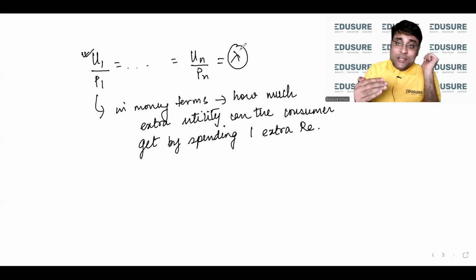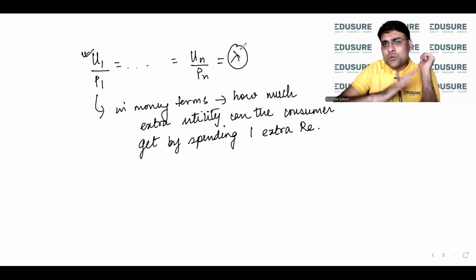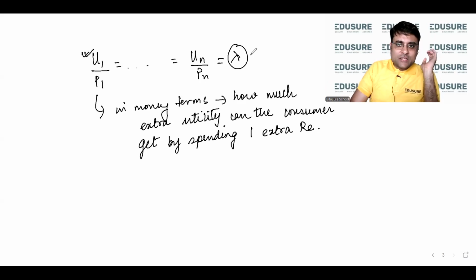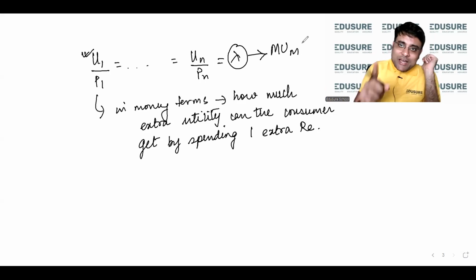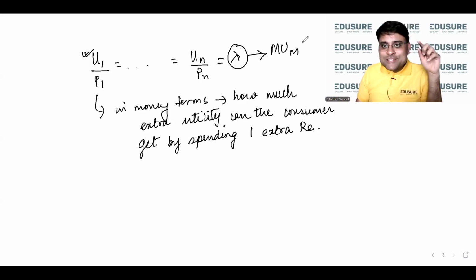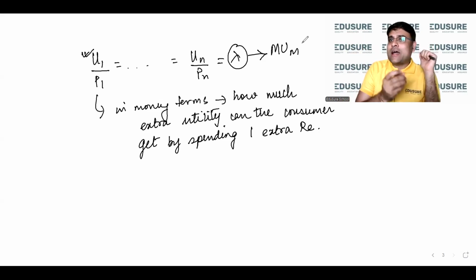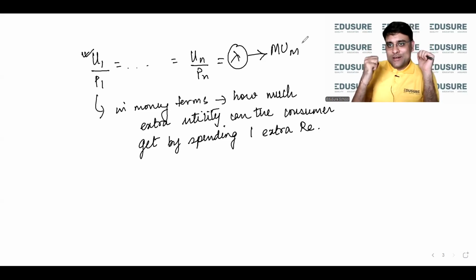We'll understand the economic interpretations of lambda for all these economics problems. But this is only an example where this lambda is basically giving us something called the marginal utility of money. One extra rupee spent, how much is it adding to the utility of the consumer?